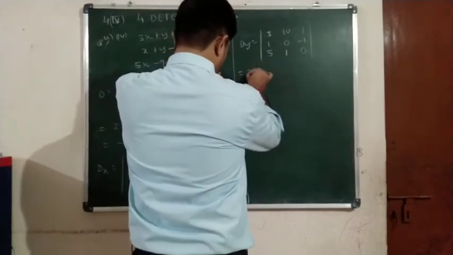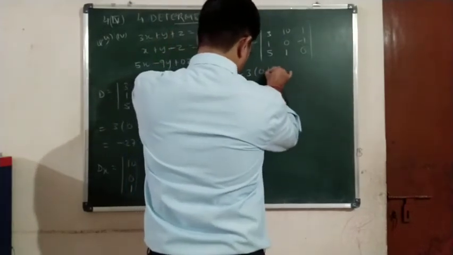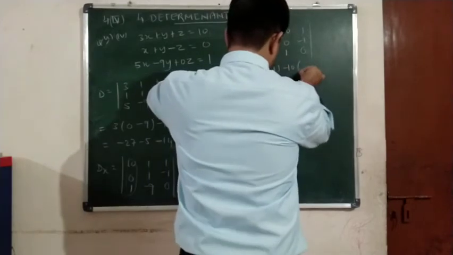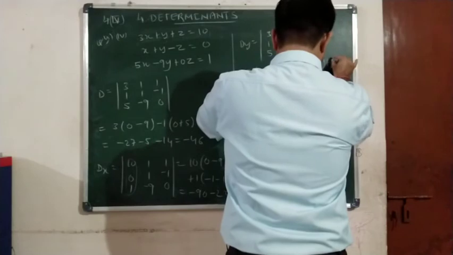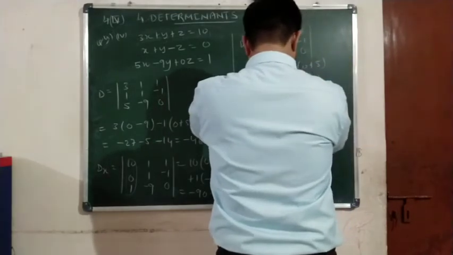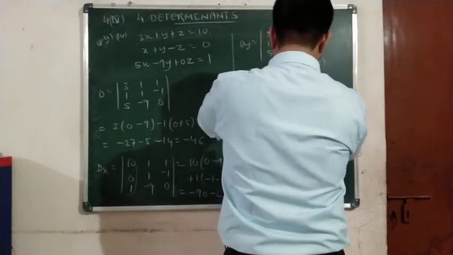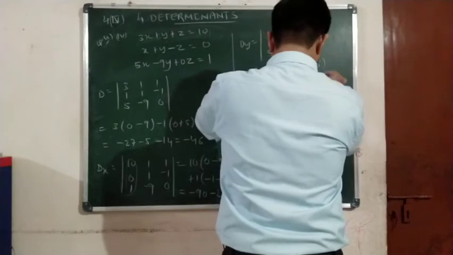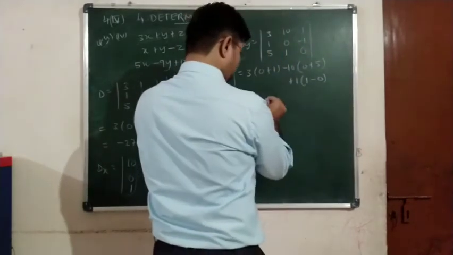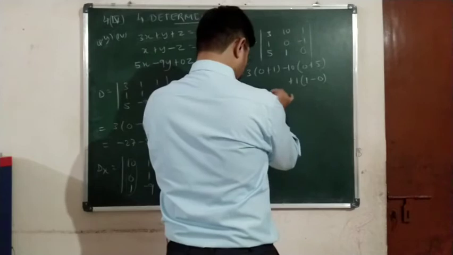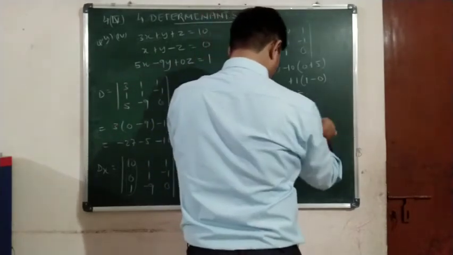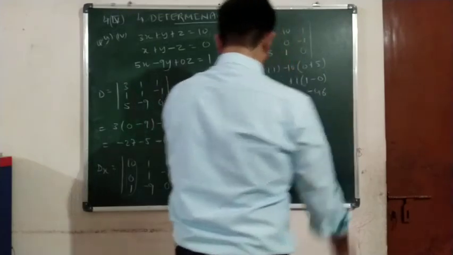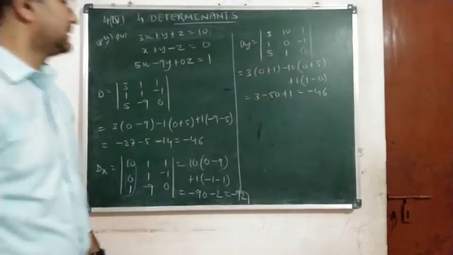So 3 into 0 plus 1, minus 10 into 0 plus 5, plus 1 into 1 minus 0. So 3 minus 50 plus 1, so minus 46.